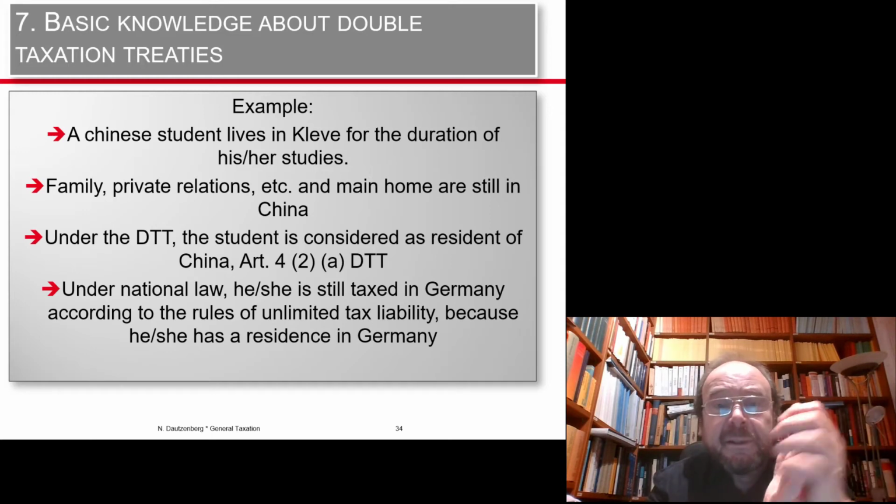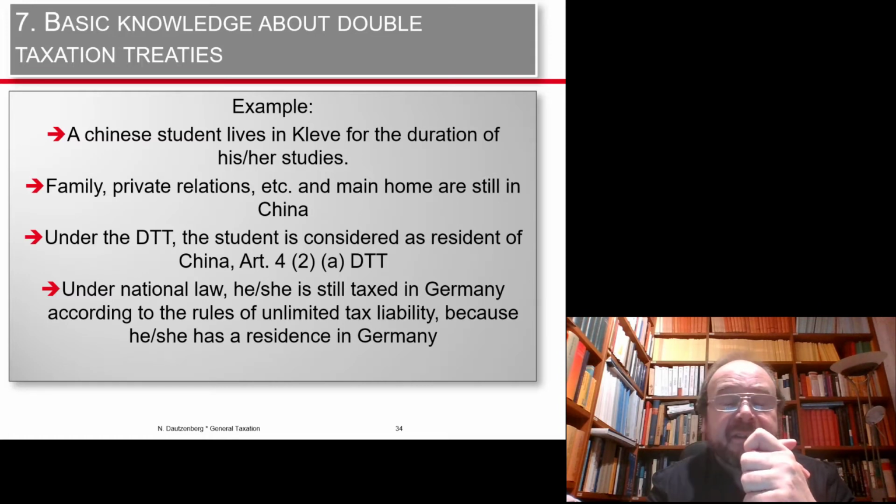When it later comes to how Germany taxes the income which is left over to be taxed by us under the DTT rules, then Germany would open the Income Tax Act and look to the Chinese student. Do you live at Kleve? Then you have a residence here. So you are classified as unlimited tax liability taxpayer. So everything which we still can tax under the Double Taxation Treaty will be taxed by us under the rules of unlimited tax liability.